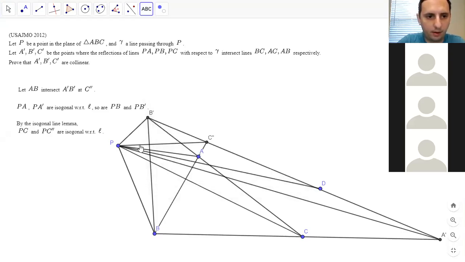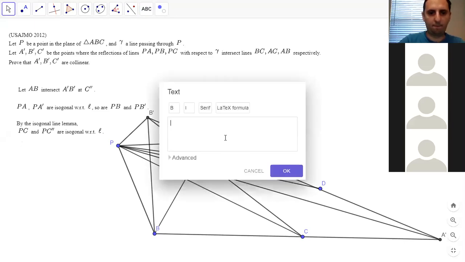And then we have C double prime lies on AB and is isogonal to PC.